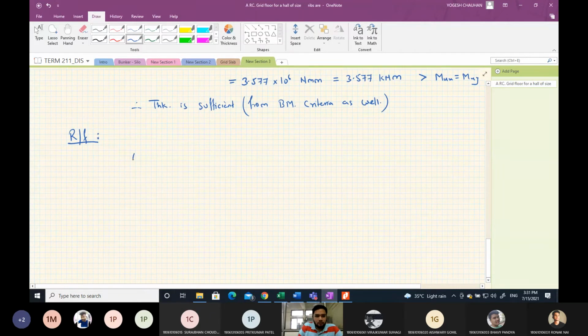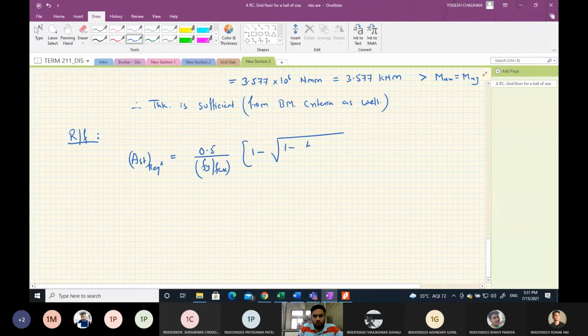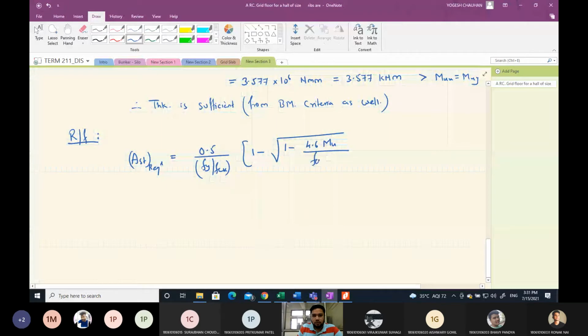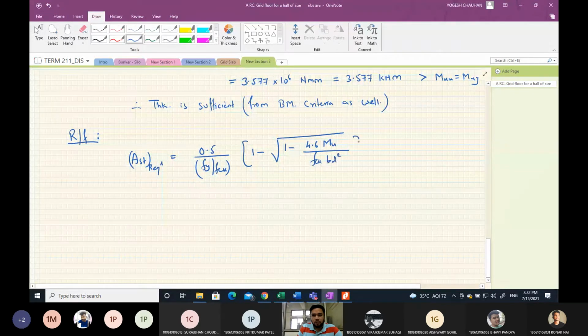So reinforcement required, that is Ast required, will be equal to 0.5 fck divided by fy into bracket 1 minus square root of 1 minus 4.6. Now I am writing Mu because Mux and Muy both are the same, divided by fck b d square, whole into b d.